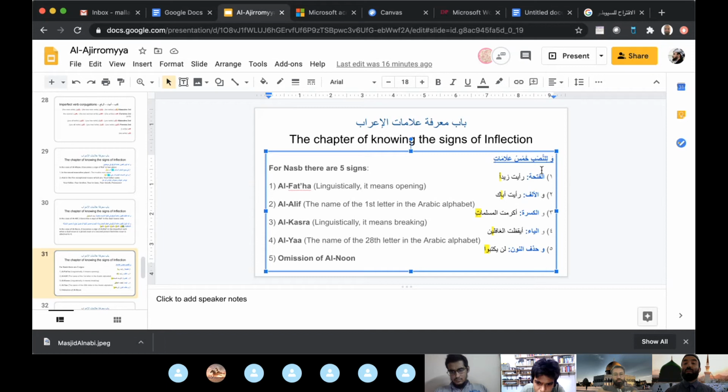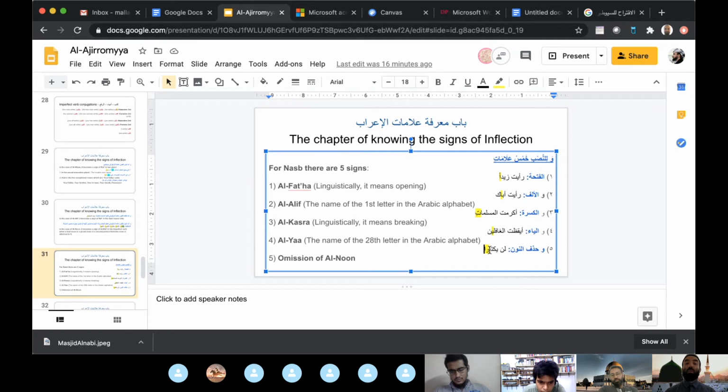The ya becomes the 4th sign of nasab. The example I have is I woke up the heedless. How do we know that the heedless are mansub? We know through the ya. And the omission of the noon: lan yaktubu, they will not write.